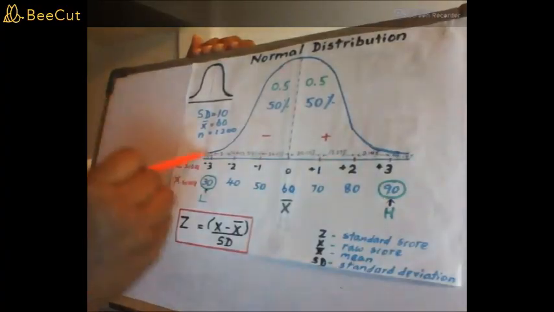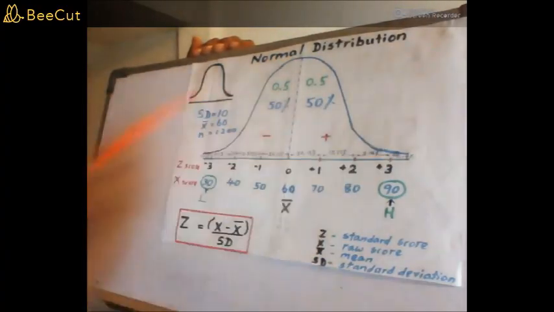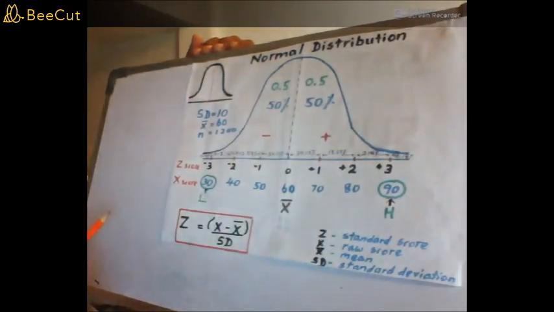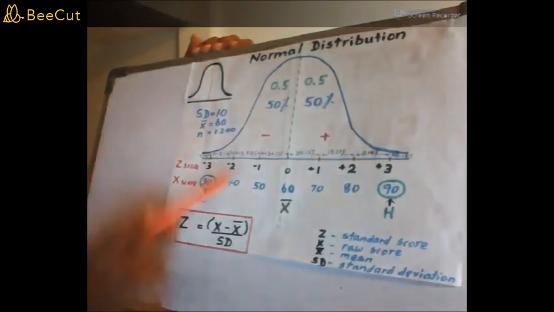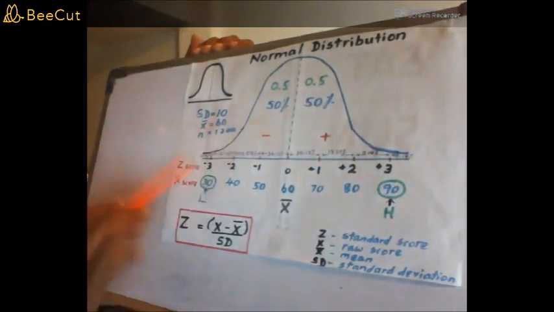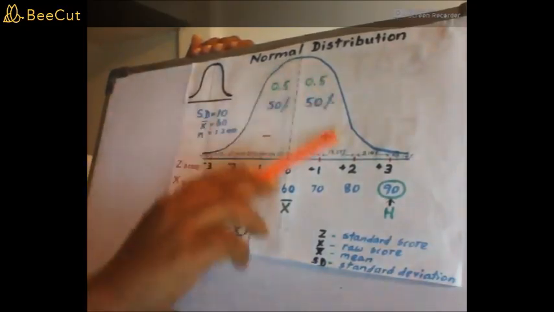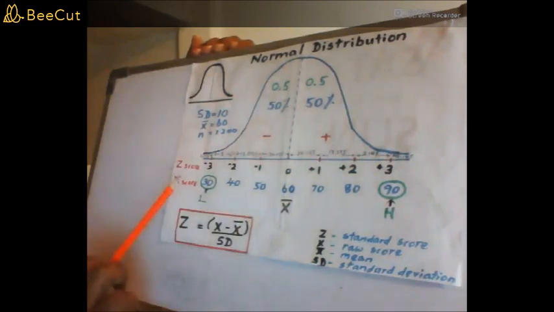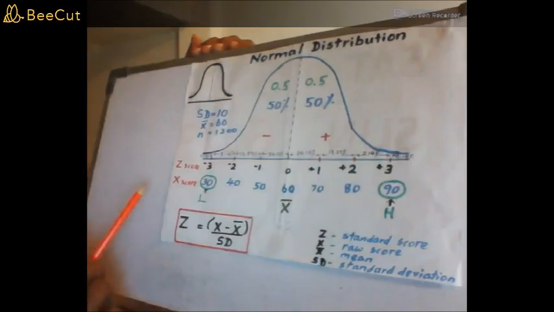So that's the normal distribution, right? It is not always like this, right? We'll come to that later. So we call this curve the normal curve.